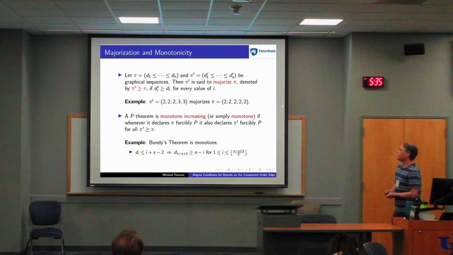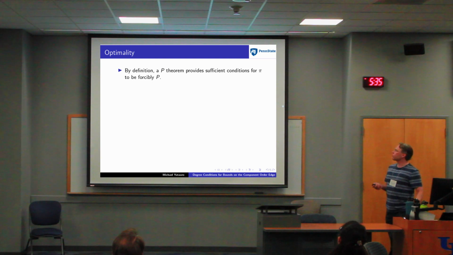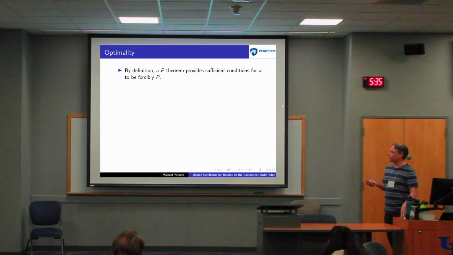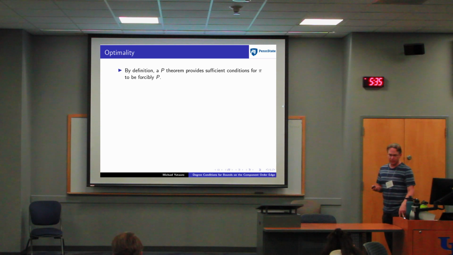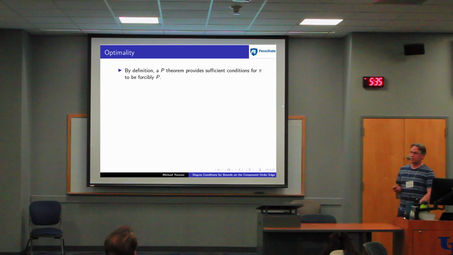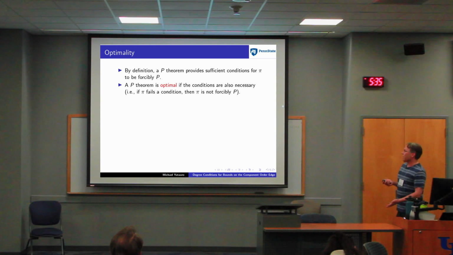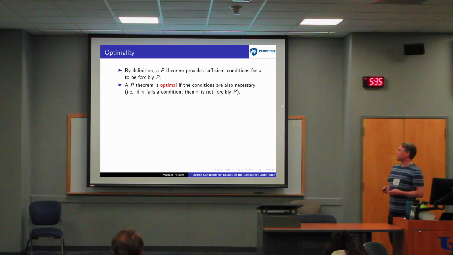Okay? So optimality is when you have a P theorem, and not only is it sufficient, but it's also necessary. In other words, if your graphical sequence fails the conditions, then it's not forcibly P. Now, many of these known monotone P theorems are not optimal.